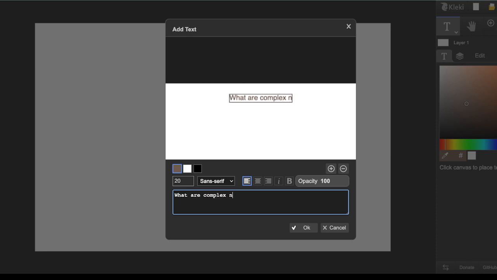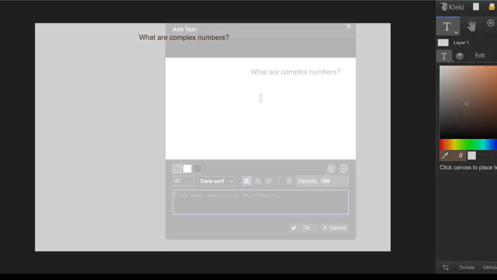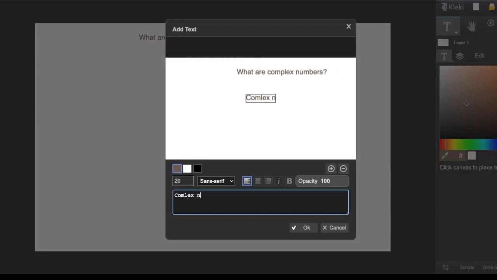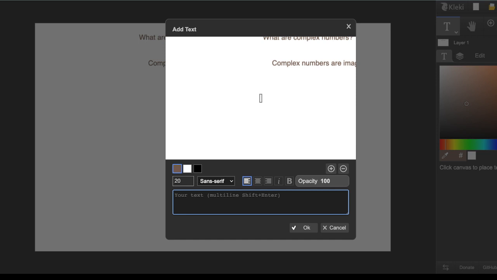What are complex numbers? As I can type fast, y'all. What are complex numbers? So basically, let's go ahead and answer that with some more text. All right, right over here. So complex numbers are imaginary numbers. I don't care about the spelling. I'm going to say, for example, i is the square root of -1.